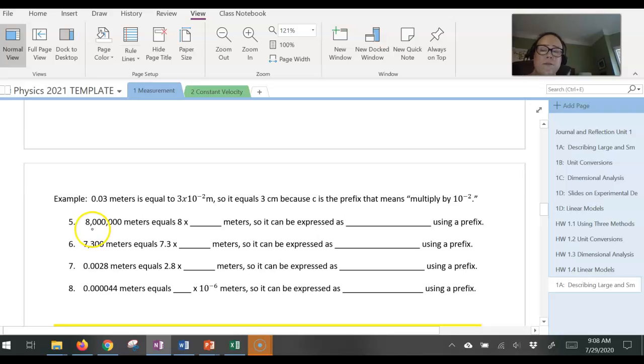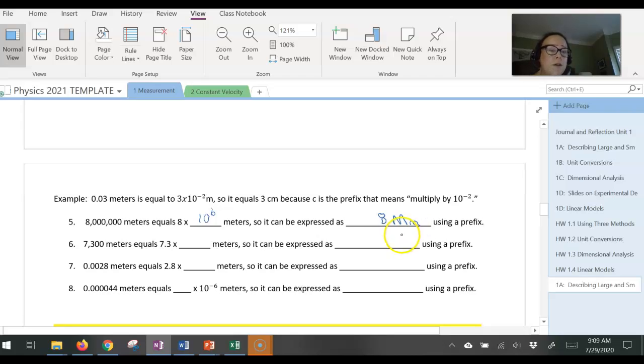Okay, but let's look at some of these exercises here. So if we have 8 million meters, that's 8 followed by 6 zeros, that means that we have 8 times 10 to the 6th meters. And there's a prefix that means multiply by 10 to the 6th. And that prefix is mega. So 8 million meters we could express using a prefix as 8 megameters.